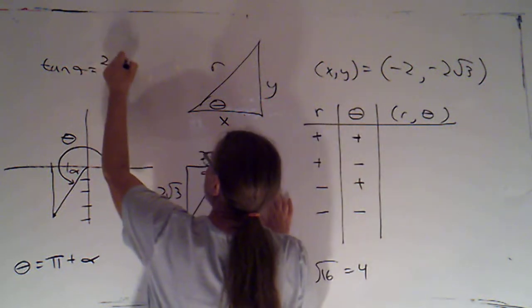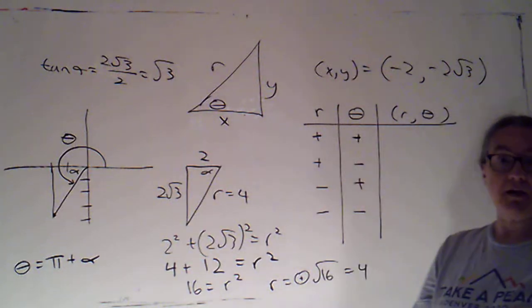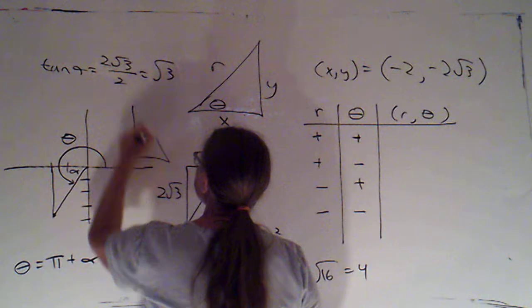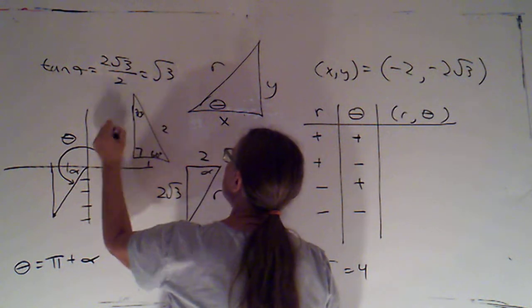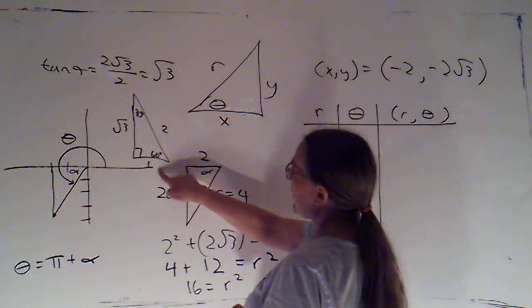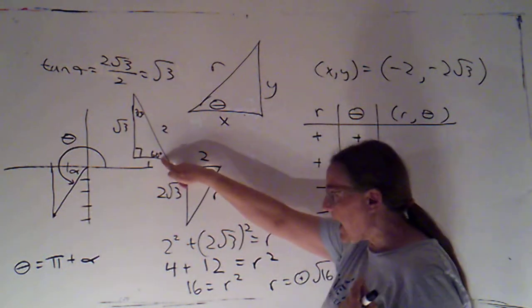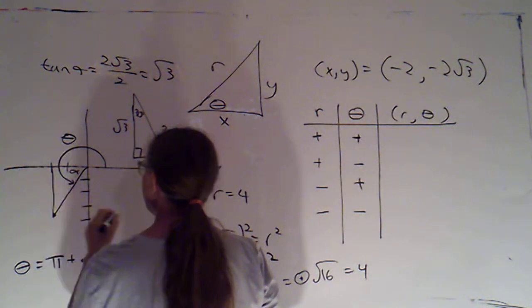That's going to be 2 root 3 over 2, which is just root 3. That's making me think 30, 60, 90 triangle. 1, 2, root 3. The acute angle that has a tangent of root 3 is 60 degrees. That would be pi over 3. So alpha is pi over 3.